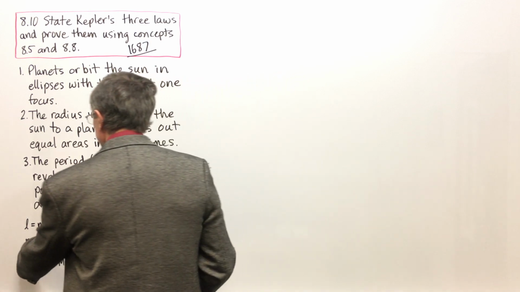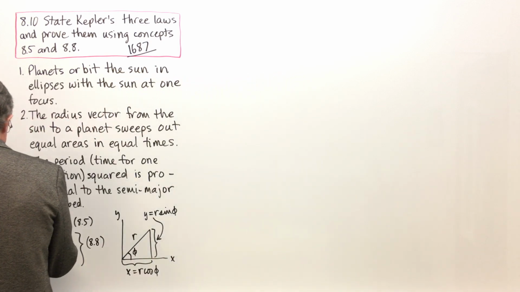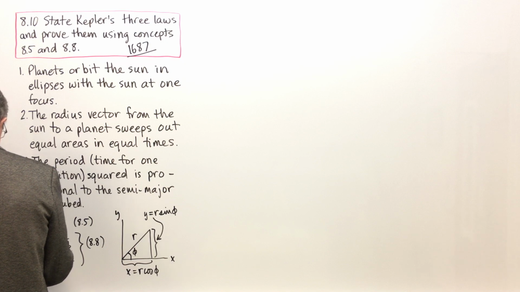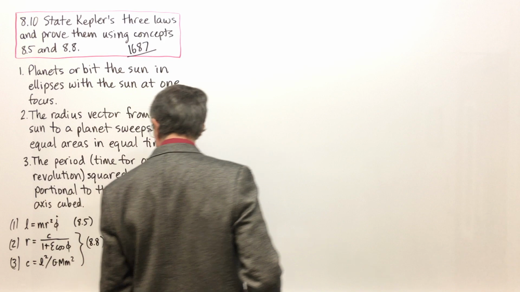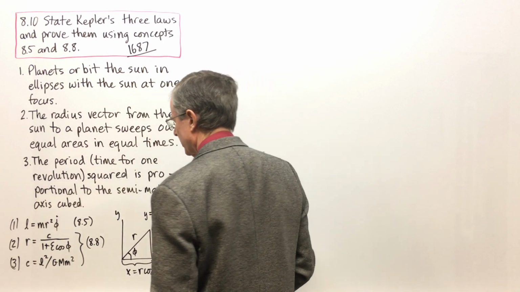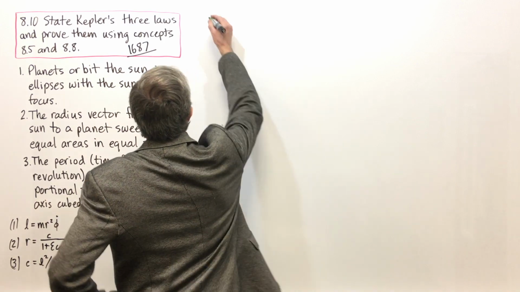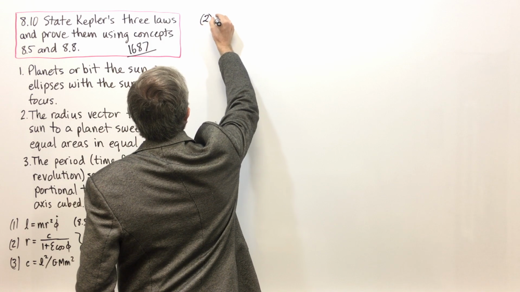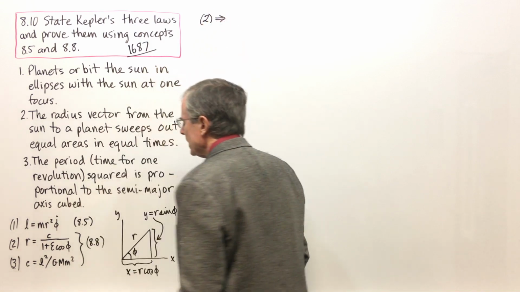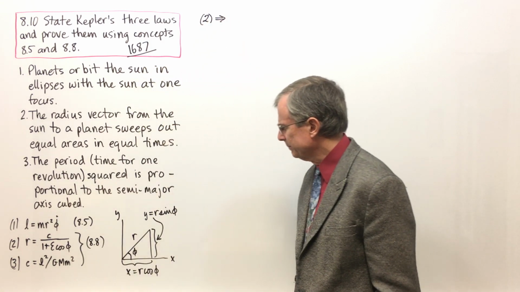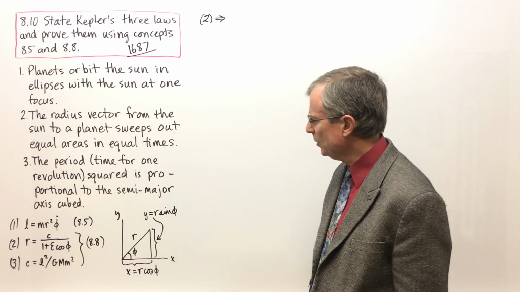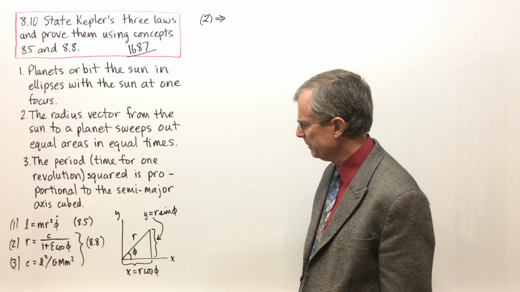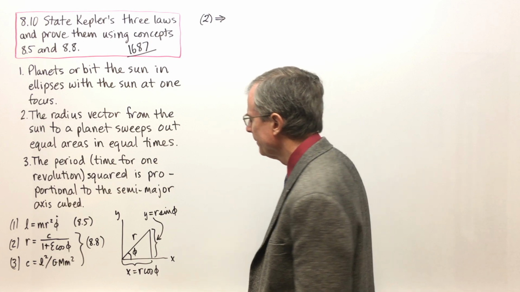And we're going to start from, let me number these equations, so I'll be referring to each of them in turn. So let me start from equation 2. And let me multiply equation 2 by 1 plus epsilon cosine phi.